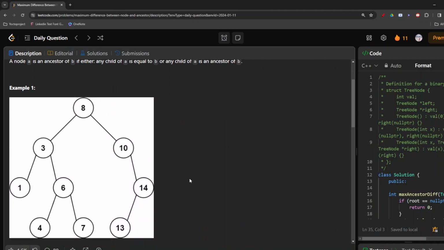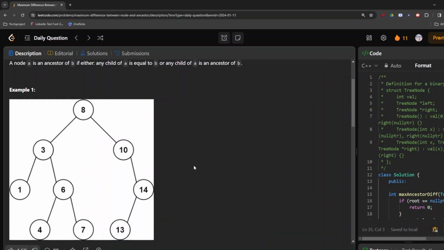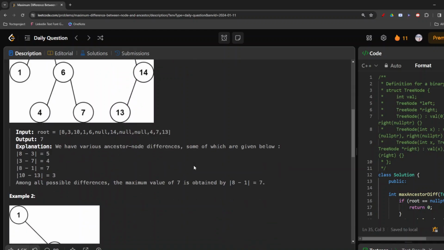To be precise, in this question we are required to figure out those two nodes, but actually we are required to return the maximum difference, not those two nodes. So we will be figuring out those two nodes, and after taking the difference of those two nodes, we get the maximum value of the difference. Basically we are required to return the maximum difference which we can obtain in this whole tree. So that is the whole question here.